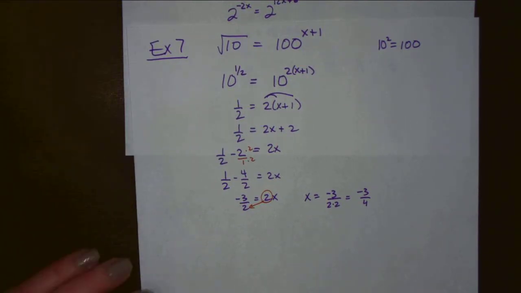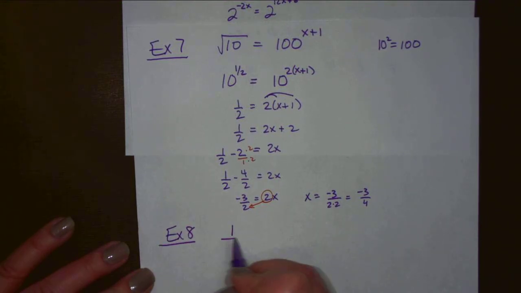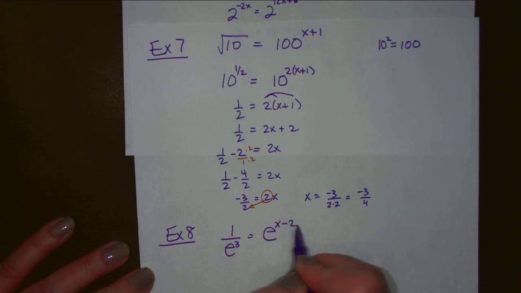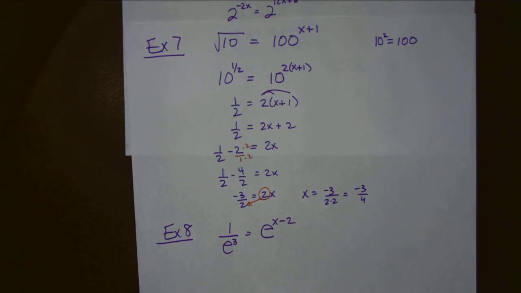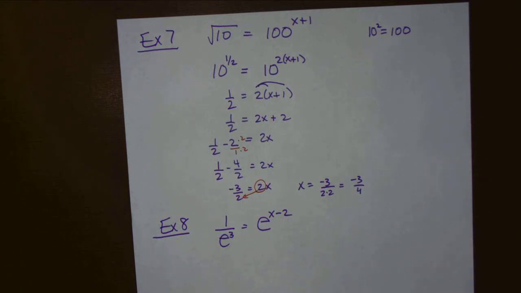And last one from this section. And don't be scared when it's E, because you have less thinking to do. You don't have to think of powers, because the E will just be there with the power.